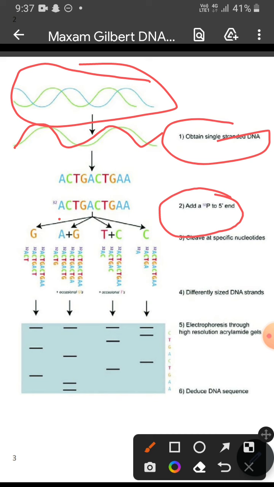After attachment, you will divide your DNA sample into 4 reaction tubes. We have divided this very successfully now.